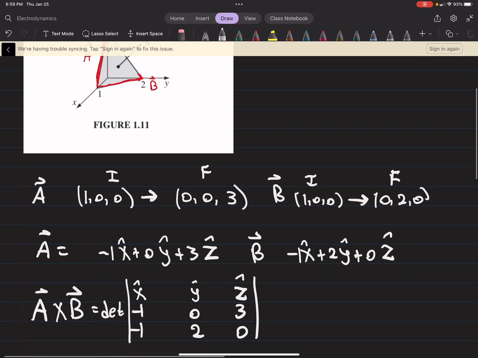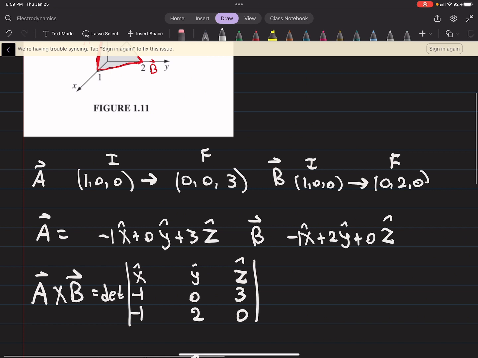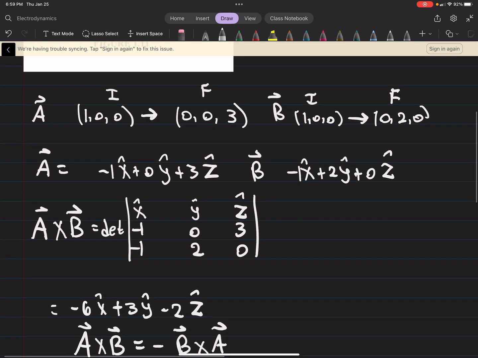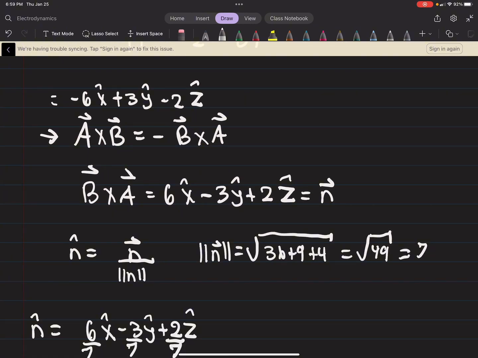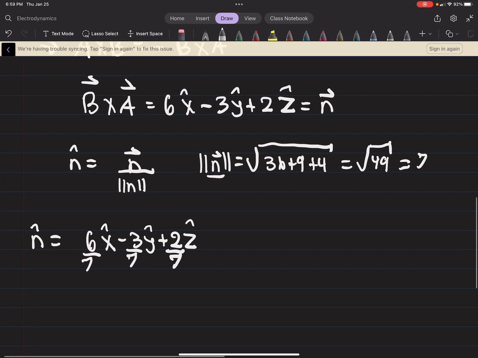Just to reemphasize, we defined these vectors A and B. We used the determinant definition to calculate the cross product between A and B. We used this property of cross products to calculate the actual cross product that we wanted, and once we did that, we had our normal vector. But to get the unit vector, we had to calculate the magnitude of that vector and divide the normal vector by that magnitude, which is how we got that.